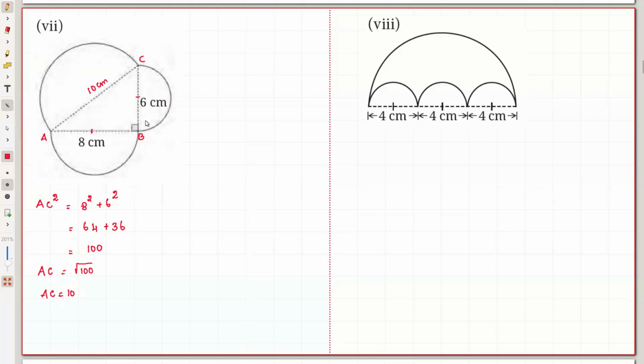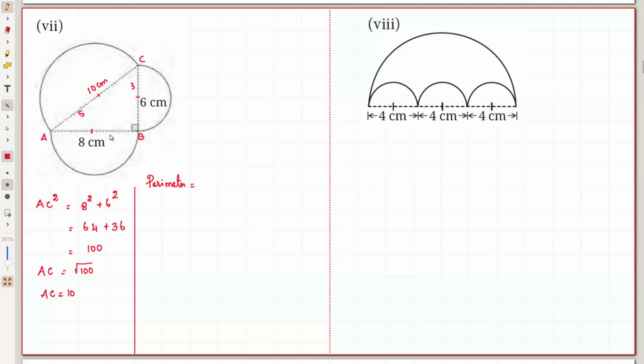Now we have to find out the perimeter of this shape. So how can we write it? Perimeter is equal to the length of this arc with the radius. Here the diameter is given as 6, so radius is going to be 3. For this, diameter is 10, so radius is going to be 5.